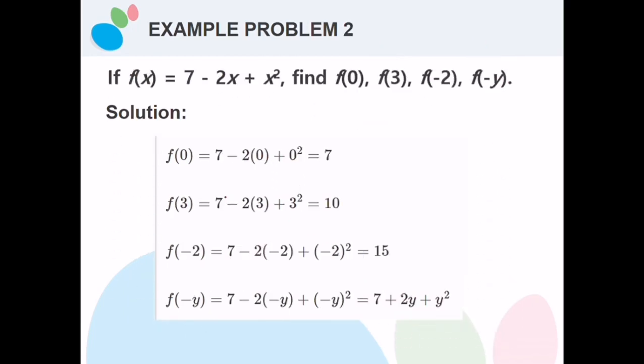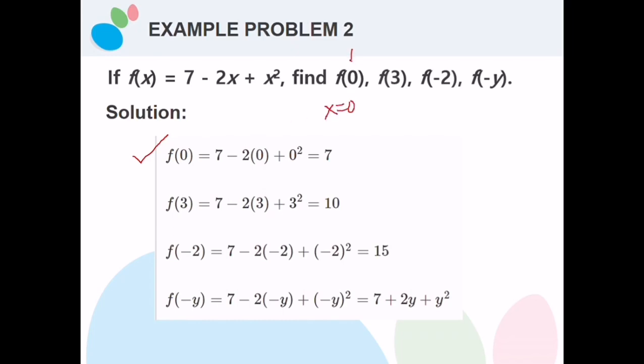The next example is, if f of x is equal to 7 minus 2x plus x squared, we're going to find f of 0, f of 3, f of negative 2, and f of negative y. The same method as in our first problem: to find f of 0, our x is equal to 0.